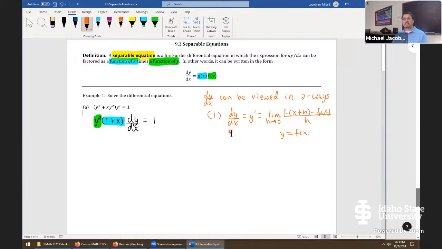So that's view 1. And here's a really, really weird view. It's a differential. So at the moment, we're thinking of it as a derivative, but we're going to go to a new equation, which looks identical, but it is totally different. It's an equation that contains a differential now, or a differential equation.